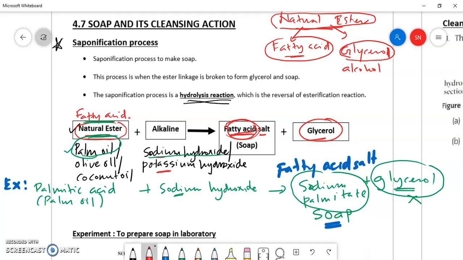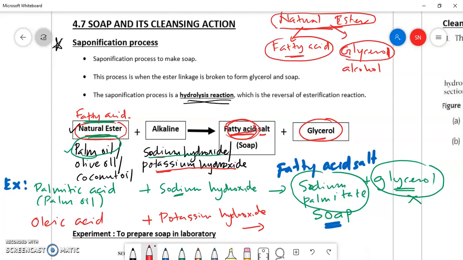Okay, another example. Let's say instead of palmitic acid, I take oleic acid plus, let's say this time I use potassium hydroxide, just to see what reaction is going to occur.